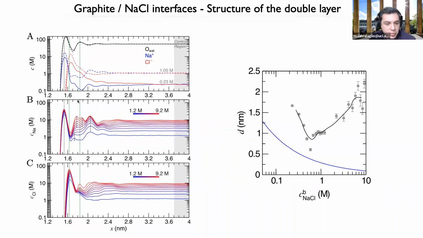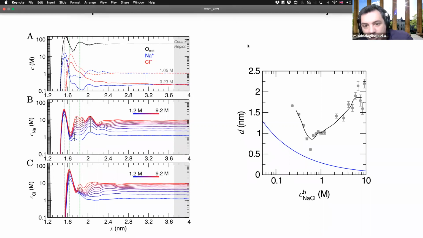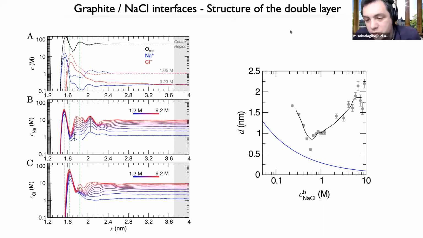This complexity emerging in the density profile of the ions as a function of distance is actually associated to a strange behavior, an unusual behavior of the double layer. And I mean unusual compared to the low concentration regimes in which we can apply mean field theories. In particular, we see that the double layer actually decreases in size with increasing concentration up to 1 molar.